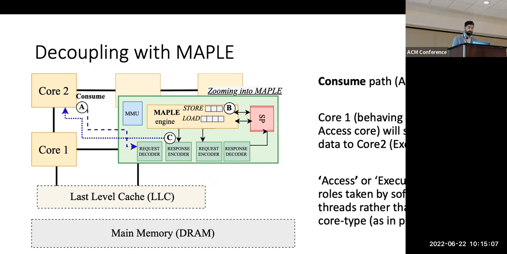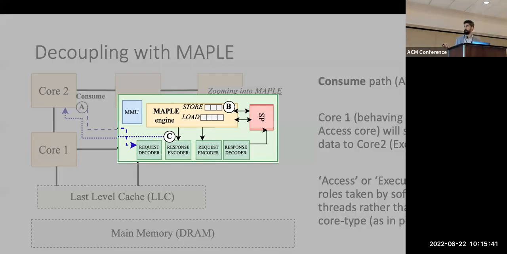From the consume side, step A, the execute thread will generate a load operation in the same memory mapped address space of Maple, which, if the data is in the queue, step B will pop the head of the queue and then return the data back to core 2 in this case, and the consume operation is finished. And hopefully the data was already there, so the run ahead is achieved.